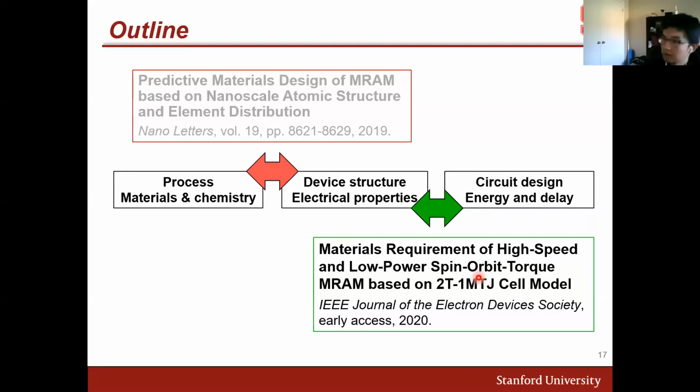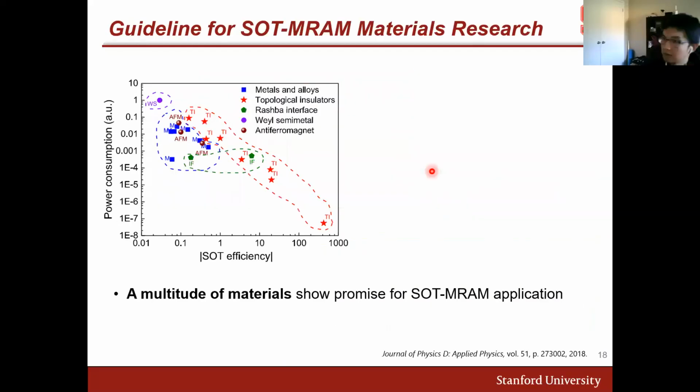The reason I try to do this part is because SOT, as you might know, is a relatively new field for MRAM research. As material scientists and physicists start to focus on this field, the main thing we find is that there are a lot of different materials. You have very different SOT efficiency, which is the write efficiency here.